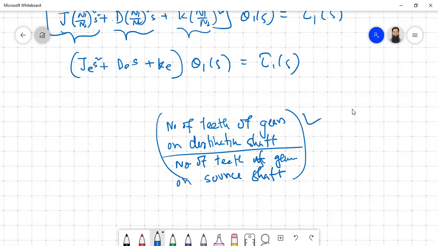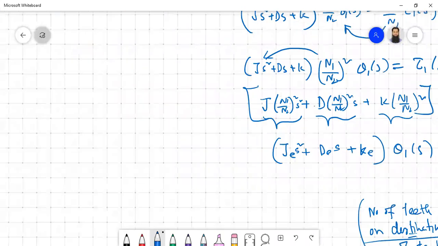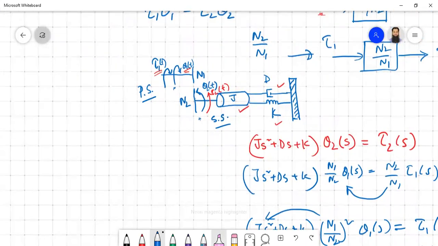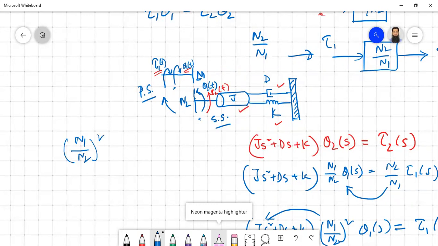So wherever you go, either to the primary or the secondary, the destination shaft will be the determining factor. What does that mean? Say you want to go to the primary side, so the destination is N1, so N1 by N2 whole square, then you can bring every impedance to that side.